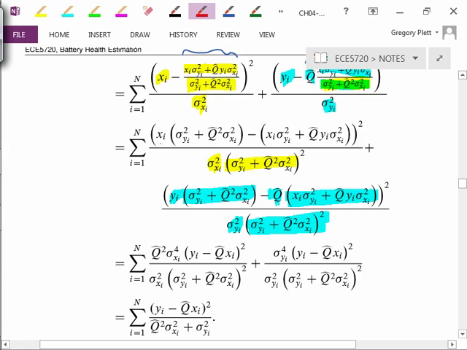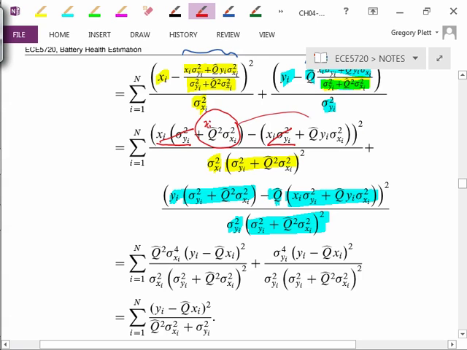I have an x sigma y and a minus x sigma y, so those cancel out. So what I'm left with, it looks like I'm left with this here still multiplied by xi, so that's going to be one term, and then minus q hat yi times sigma xi squared.